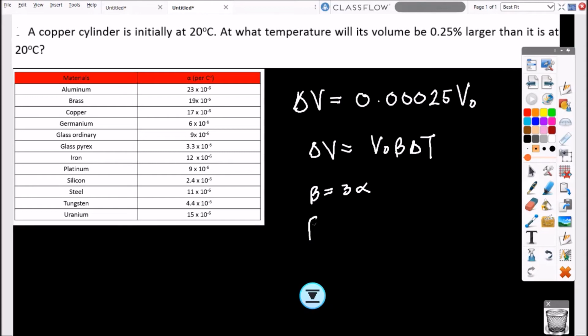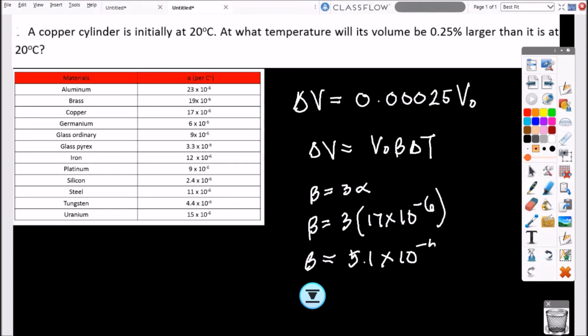So we have beta is 3 times the alpha of copper, which is 17 times 10 to negative 6. Okay. So what is 17 times 10 to negative 6 multiplied by 3? You can use your calculator to double check if it is correct. That's 5.1 times 10 to the power of negative 5. Right, so we can now solve.